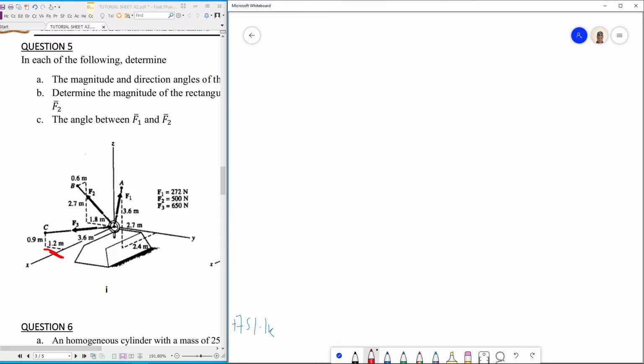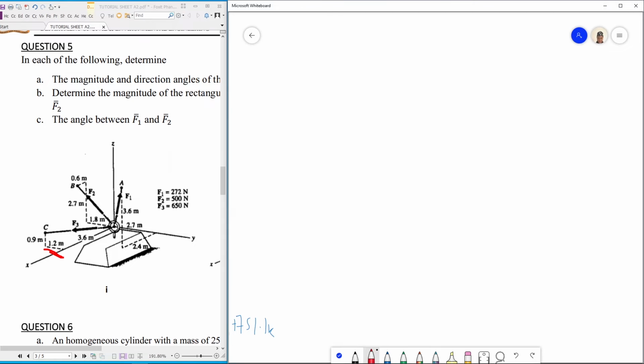And then we'll dot product it with F1. We already have those, we calculated them, and that's what question B is asking us to do.